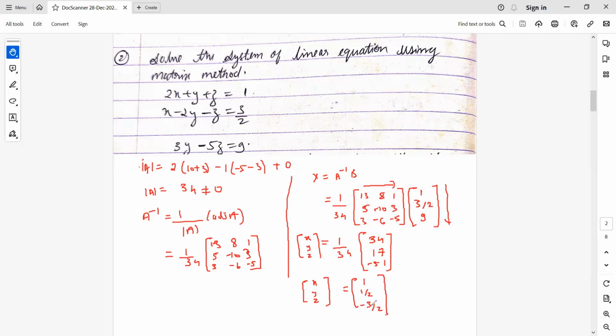So these are the values we are getting. We can write at the end, equating the matrices, x will be equal to 1, y will be equal to 1 by 2, and z will be equal to minus 3 by 2.